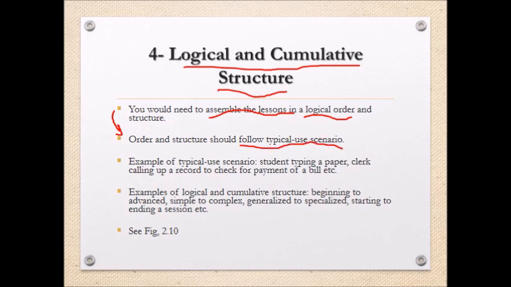To describe lessons or topics as designed in a logical and cumulative structure, they must be based on usage or a typical use scenario. Examples of typical use scenarios: a student typing a paper, a clerk calling up a record to check for payment of a bill, etc. These are types of examples of use scenario lessons.